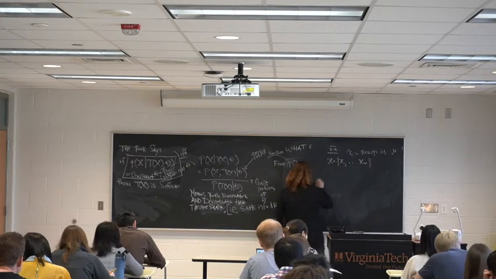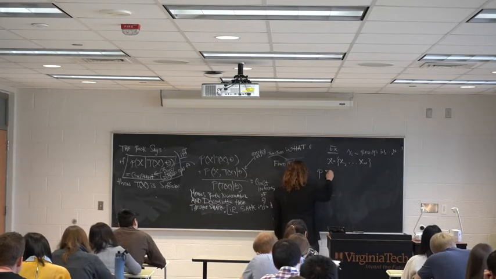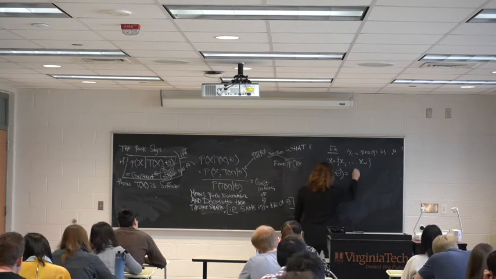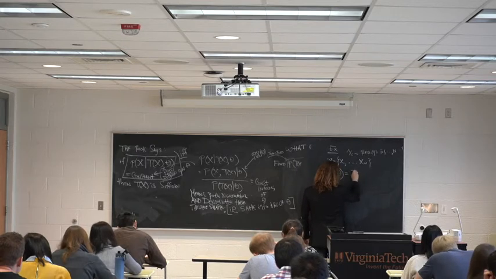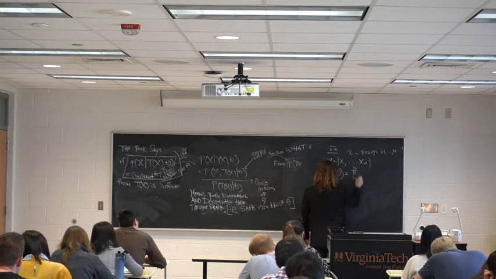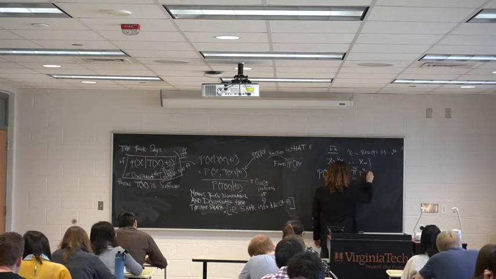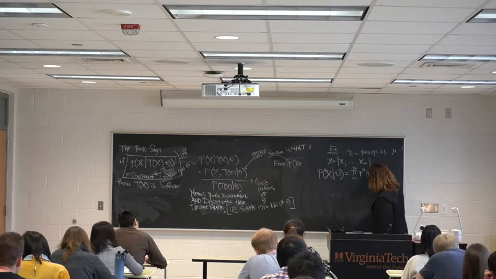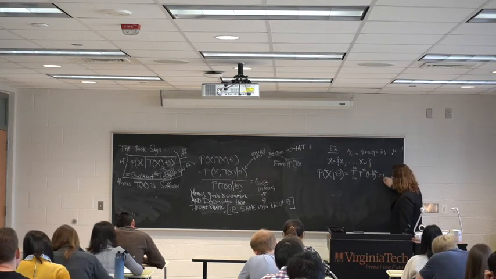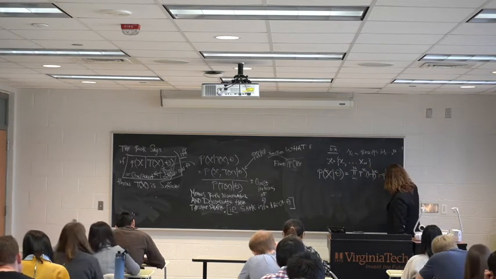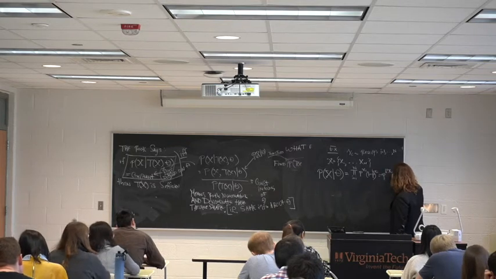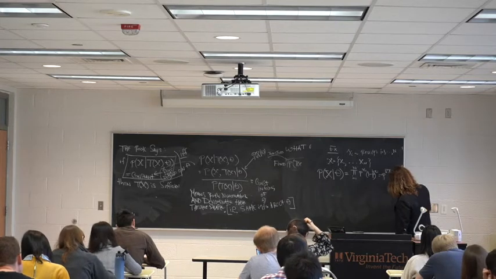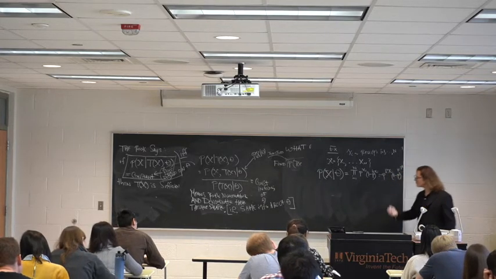We know what P of x is: the product, i goes from 1 to n, of p to the xi times 1 minus p to the 1 minus xi, which is p to the sum of the xi's times 1 minus p to the n minus sum of the xi's. Same thing as before.